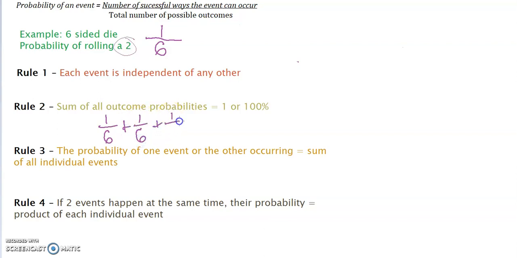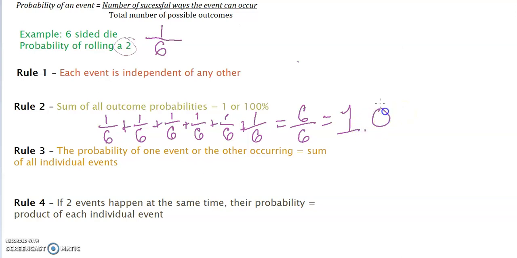The chance of rolling a 3 is 1 out of 6, and a 4 is 1 out of 6, and a 5 is, you get the picture, and then a 6 is 1 out of 6. If you add these all together, you get 6 out of 6, which is equal to 1, or 100%. This is a way for us to double check our math to make sure we are doing our probability correctly.